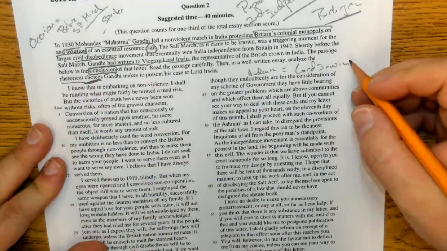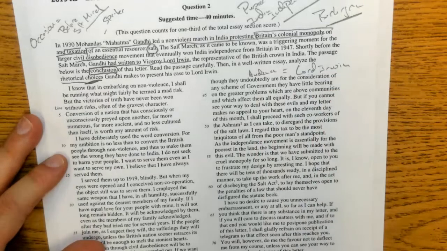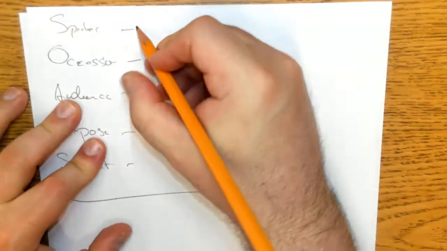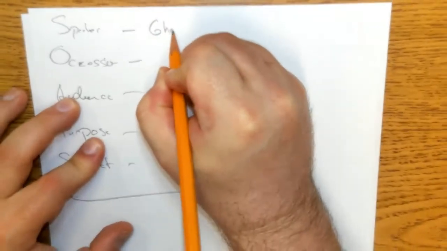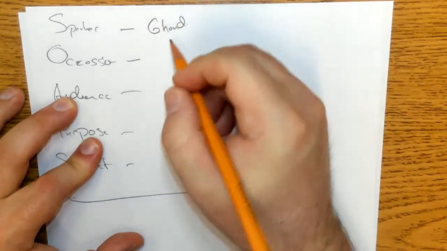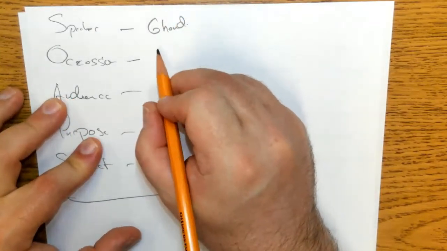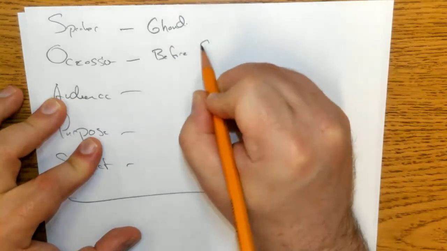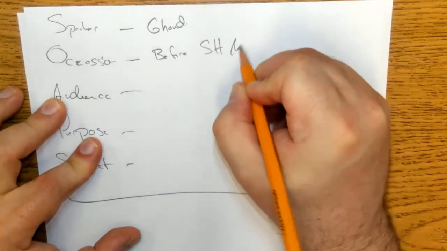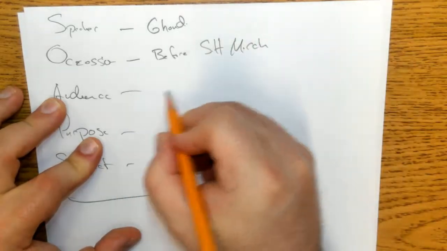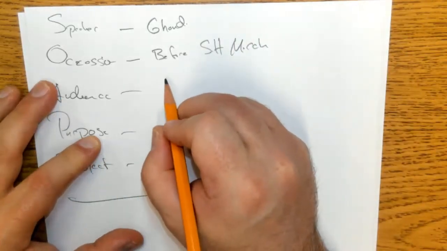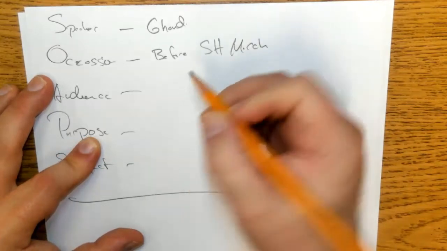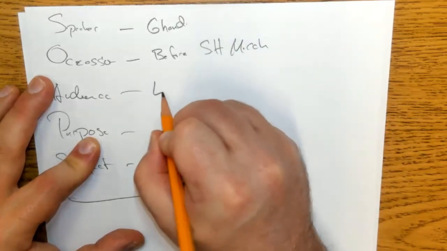Okay, so let's take this right here. We're going to go through this. Speaker is Gandhi. Occasion, before the Salt March. Audience, Lord Irwin.